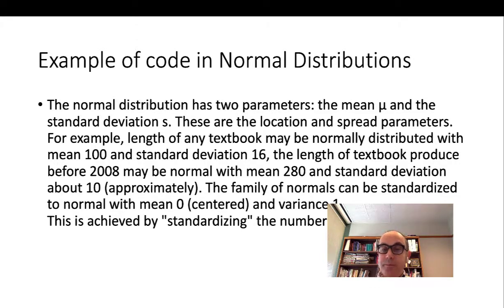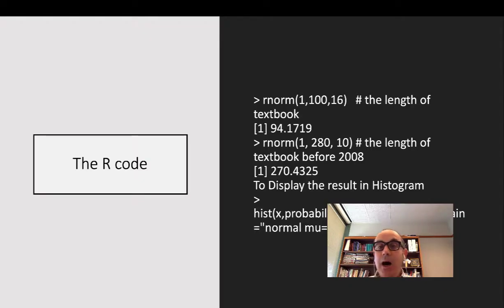Again, the family of normals can be standardized with a normal with a mean of 0 and a variance of 1, and we can achieve that by using the following formula: the z-score equals x minus mu divided by sigma, and in R code, that is rnorm.